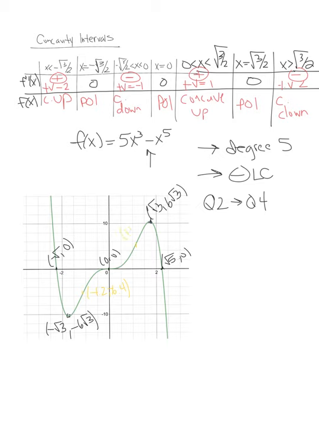Sorry, let me see here. There we go. You can kind of see that at this point we have it changing from a concave up to a concave down. And then at this point, the 1.2, 6.4, we are going concave up to concave down.